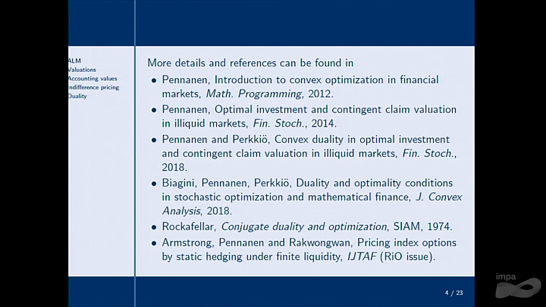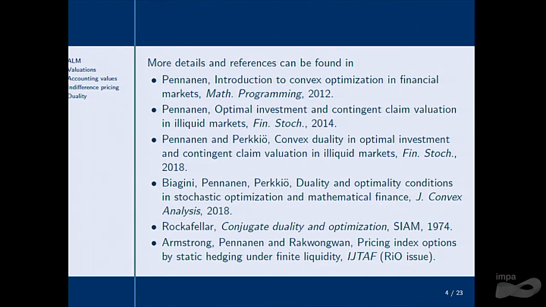Then if you're interested in the general duality theory in convex stochastic optimization, you can find some of that here and its references. And this has nothing to do with finance per se. It's about general convex stochastic optimization models that do cover financial trading models, even with illiquidity effects and portfolio constraints and so forth.